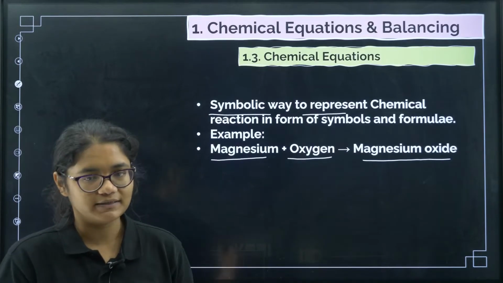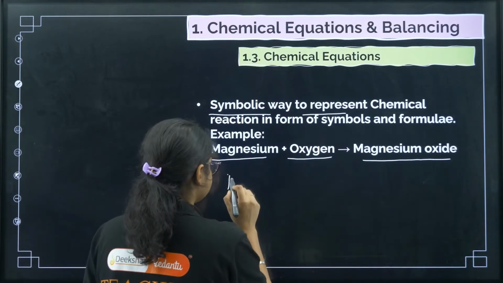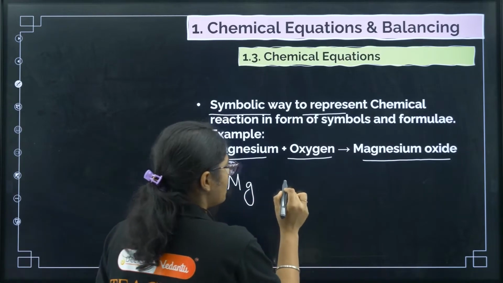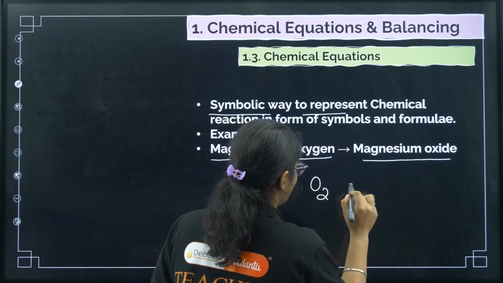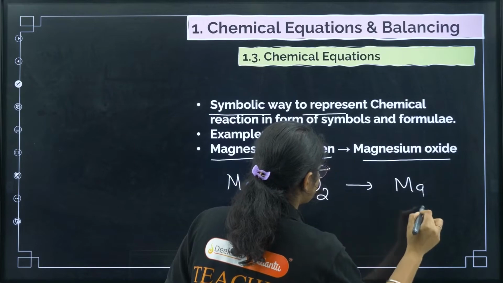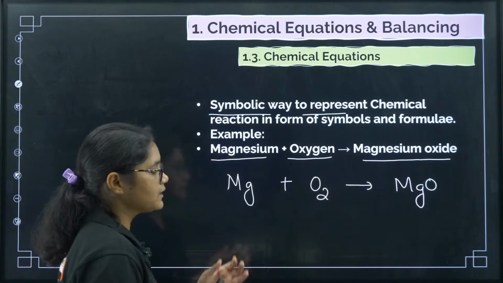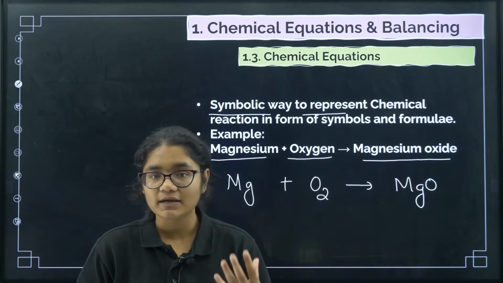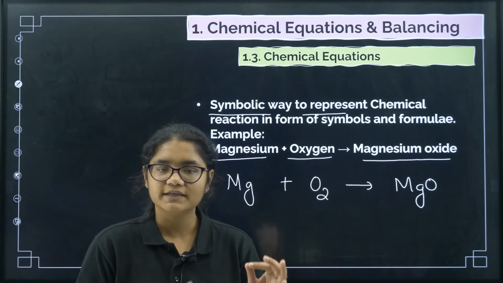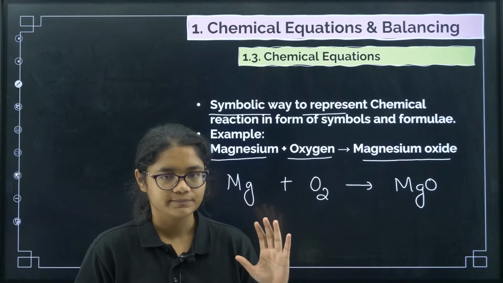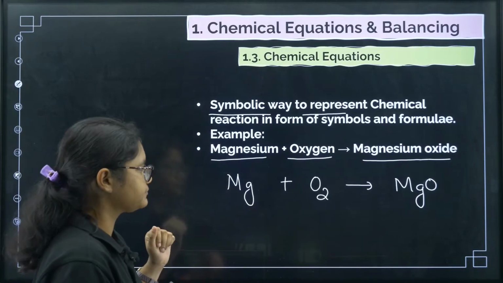You can use symbols. We know magnesium is Mg, oxygen is O2, and magnesium oxide is MgO. So this is a chemical equation, where chemical reactions are written using symbols and formulas.